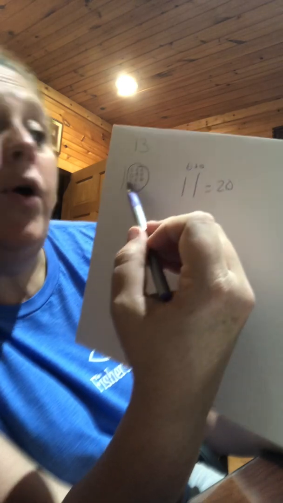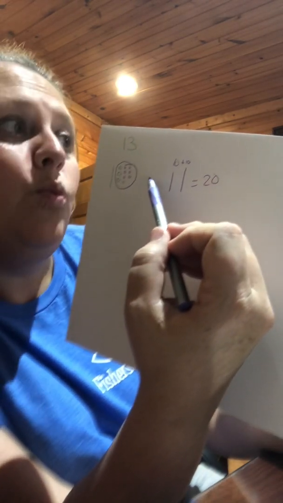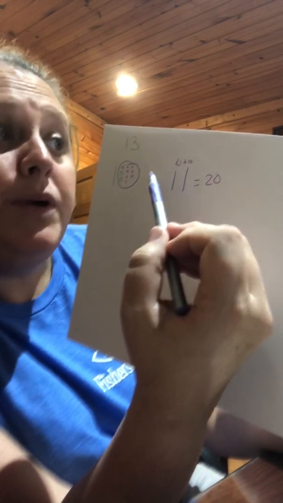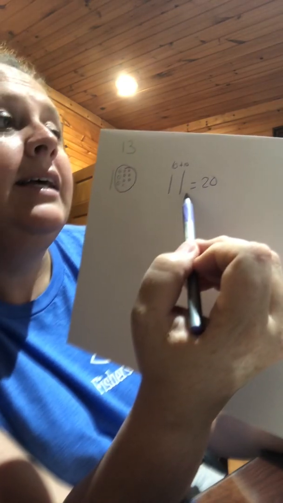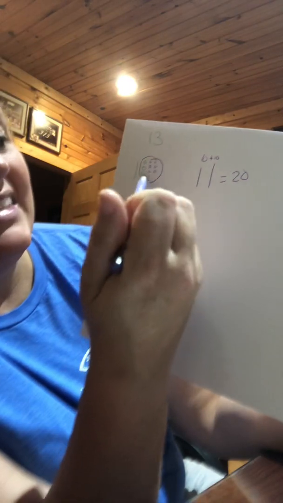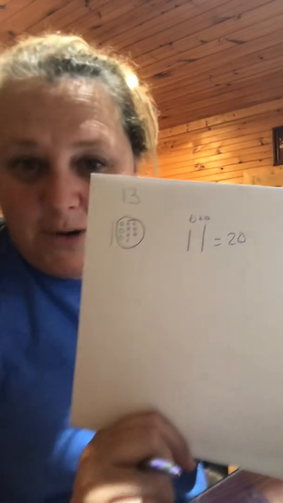Since 3 ones and 7 ones make 10, which we recorded in the tens place, how many ones do we have now? We don't have any ones because this became a set of 10, right? So our number sentence would be 13 plus 7 equals 20.